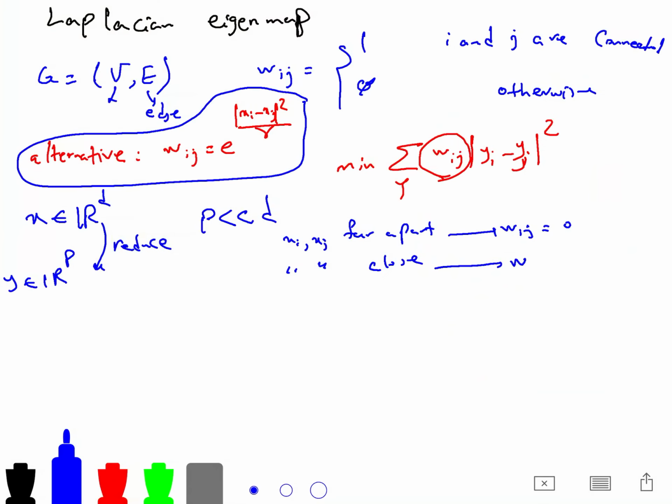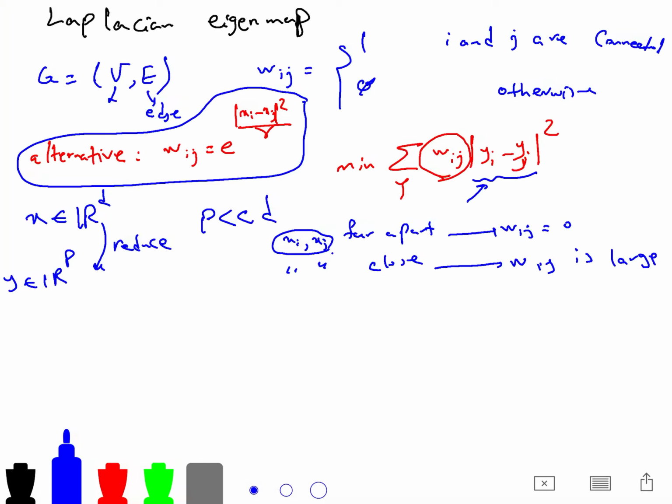Okay, I was saying that if xi and xj are far apart, then you're penalizing 0. And if they are close, then wij is large, making yi and yj close to each other. So we want to take care of this when they are close.